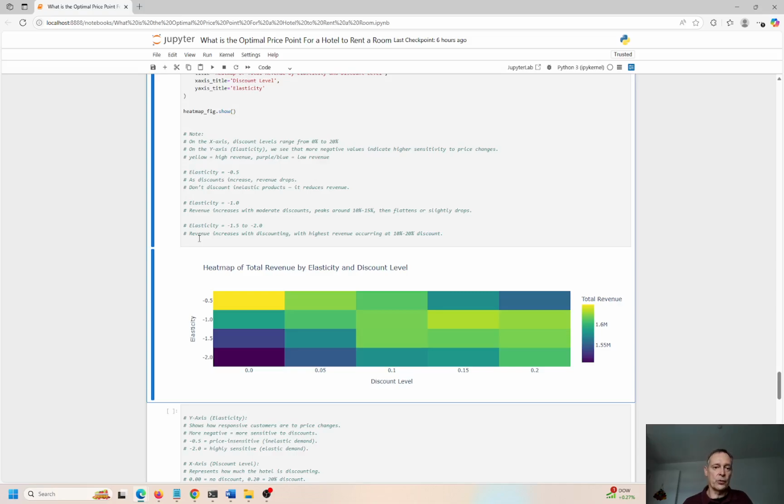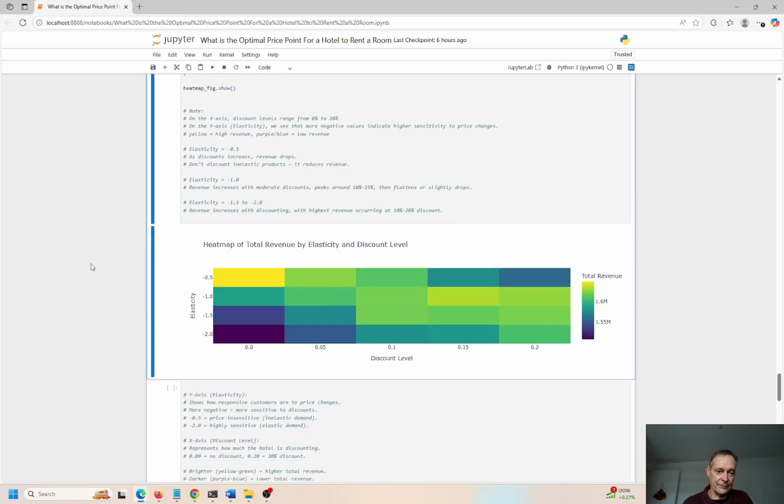But if we don't discount elastic products, it reduces revenue, okay? So revenue increases with moderate discounts, it peaks around 10 to 15% and then flattens because of price elasticity, right? Like people know there's no discount, I'm not going to go to the hotel, right? It's too expensive, but you offer me a decent discount and I'm going to show up.